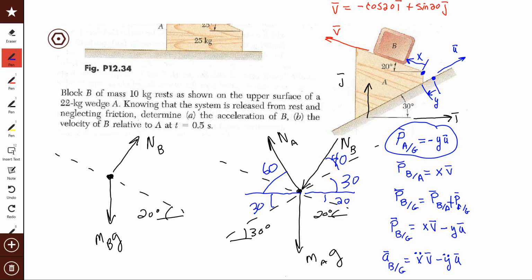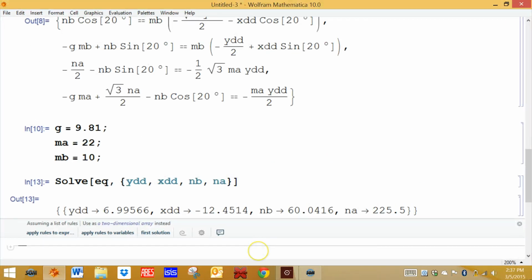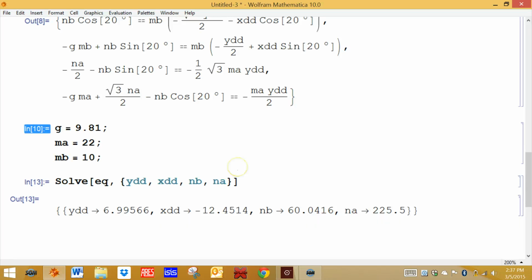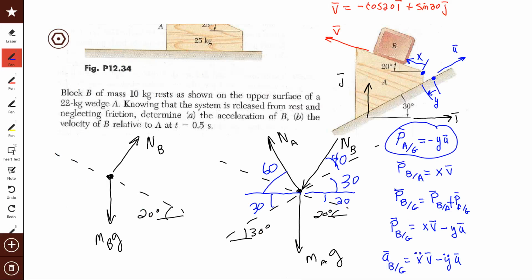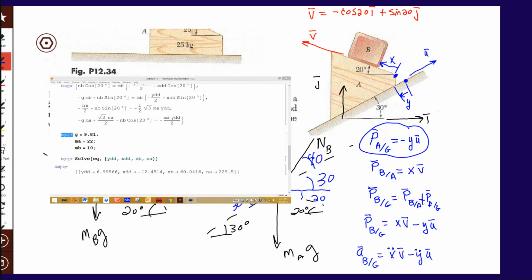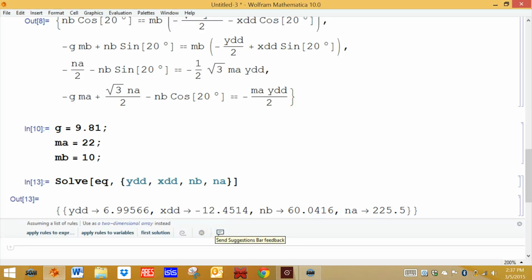The velocity of B relative to A at time equal 0.5. The relative is x double dot, and since it's a time span, I can integrate that. What is it I want to find? The velocity of B. Because the acceleration is a constant, I can use the equations.